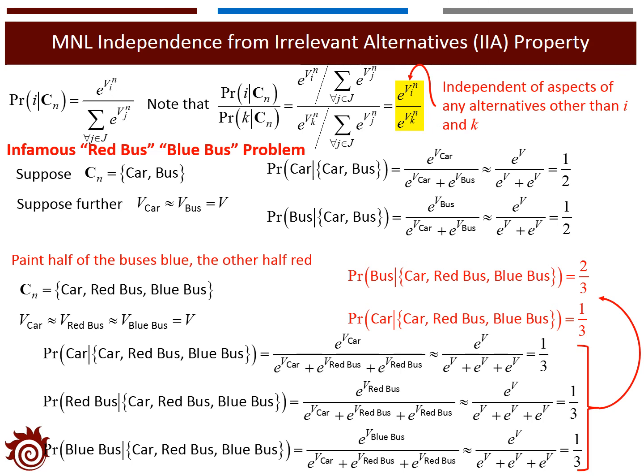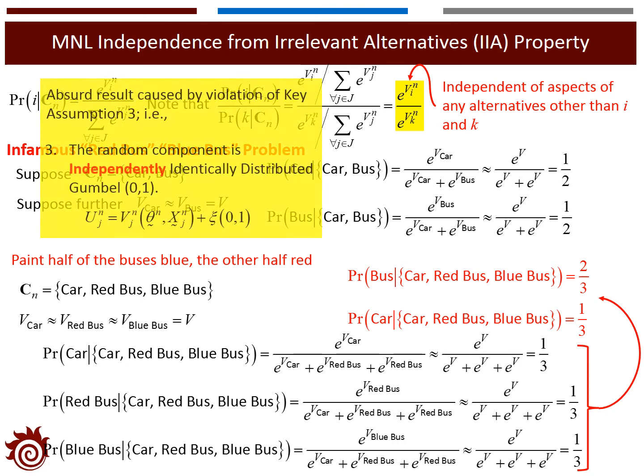It's impossible for us to change the probability of taking the bus and the car just by changing the colors of the buses. The reason for this problem is that the estimation violates the key assumption 3 of the MNL model. The assumption is that the random components are independently and identically distributed.